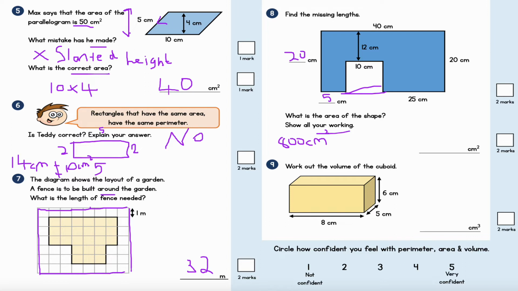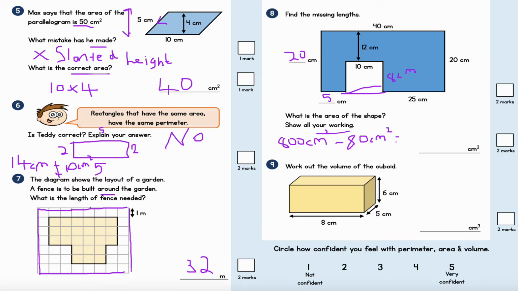And then the area of this shape, well, it's 10 by 8, isn't it? Because that's going to be 12, so this part's going to have to be 8 centimeters. So 10 times 8 is 80, so I'm going to do 800 centimeters squared, take away 80 centimeters squared, and that will give me the area of the shaded shape.